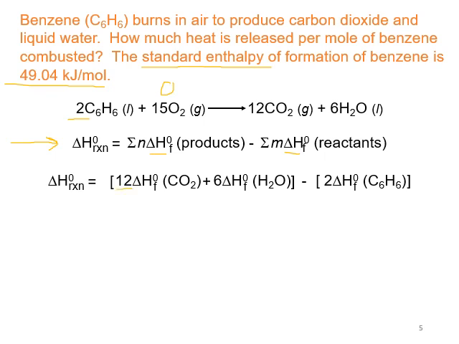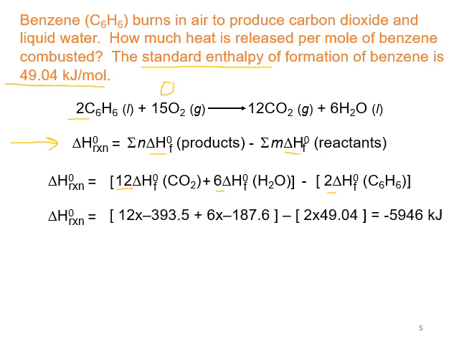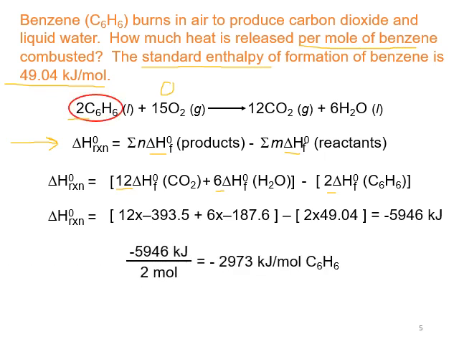Multiplying them by their stoichiometric coefficients, I get a heat of reaction for this one of negative 5,946 kilojoules. But remember, this wanted it to be per mole of benzene, so we need to divide it by 2. So this is per mole of benzene.